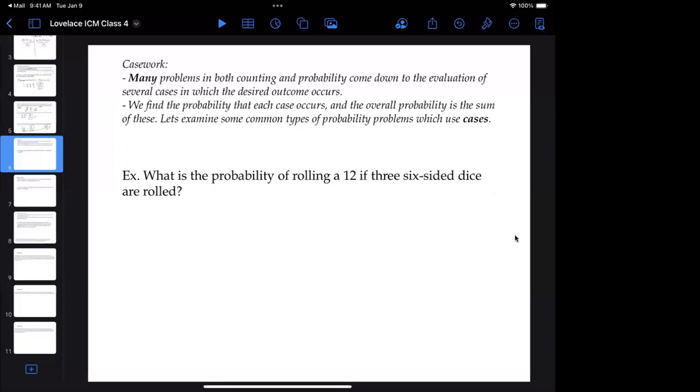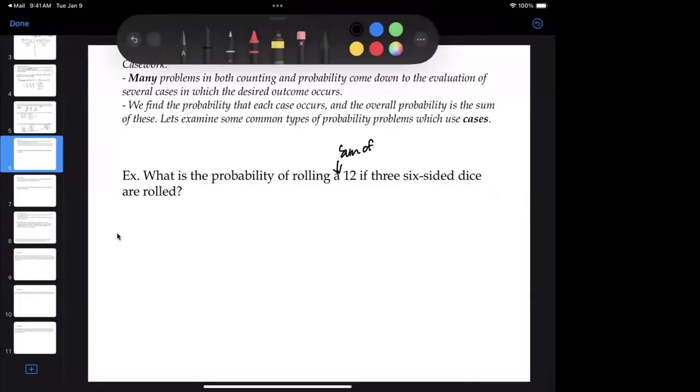All right, so firstly, what is the probability of rolling a 12 if 3 6-sided dice are rolled? This means rolling a sum of 12. Okay, let's see.